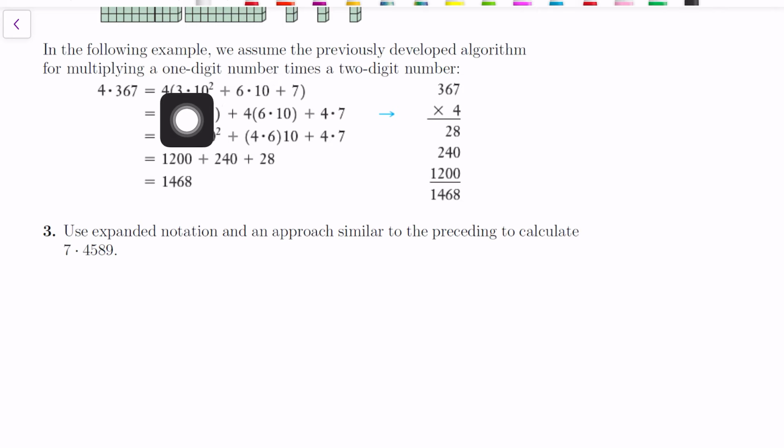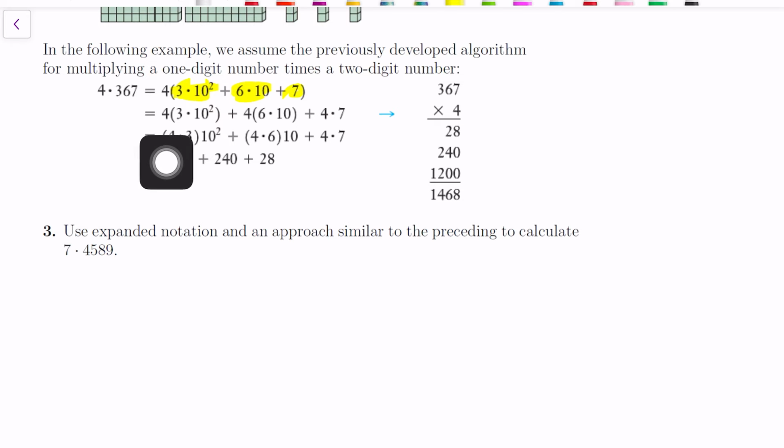That basically means we have 3 flats, 10 by 10, 6 longs, 10 units long each, and then 7 units. You want to multiply that number by 4. Multiplication can be distributed, so let's distribute the multiplication by 4 among each term. So this needs to be multiplied by 4, this needs to be multiplied by 4, and this needs to be multiplied by 4, which is exactly what's written here.